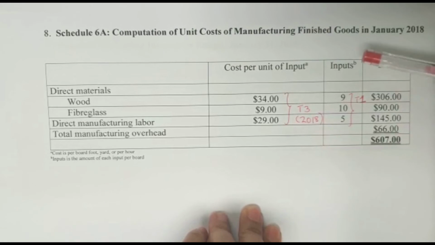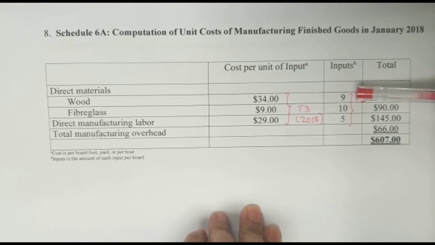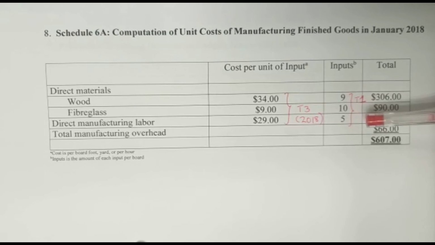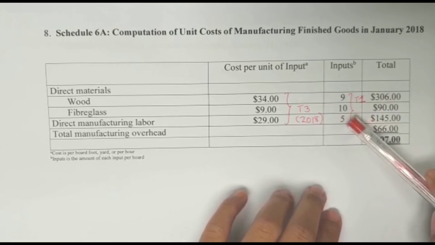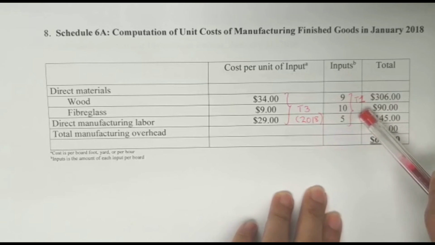Also on the inputs, wood is 9 board feet, fiberglass is 10 yards per snowboard, and direct manufacturing labor is 5 hours. All of this information I get from table 1.